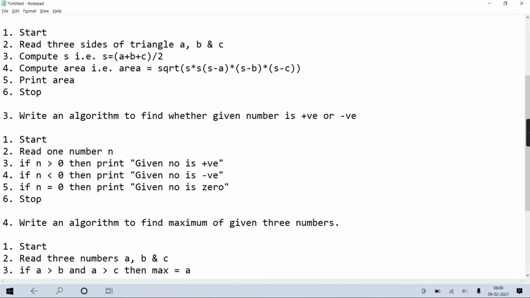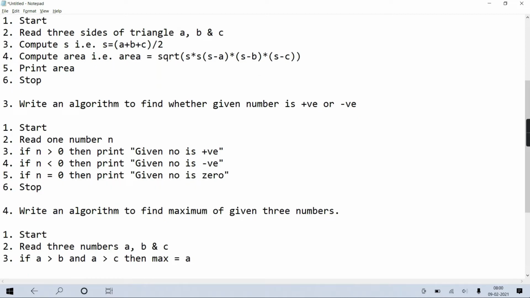So we will store it: Max equal to A, I'll write. Then, if B is greater than A and B is greater than C, meaning I'm checking B greater than the other two, then max is B.